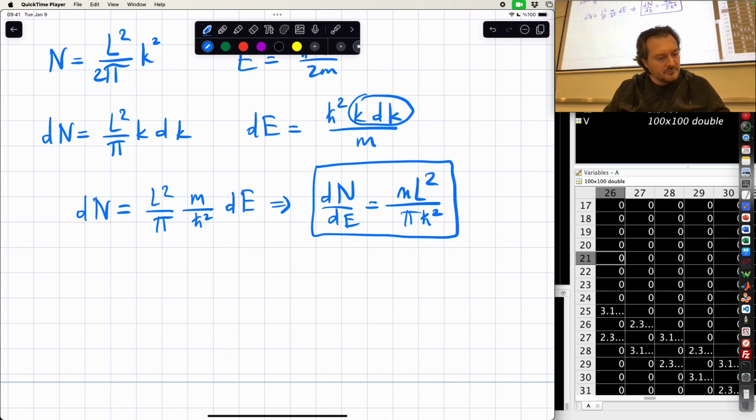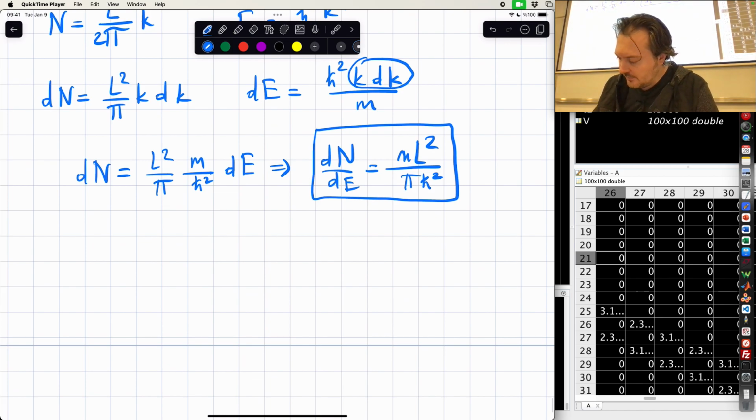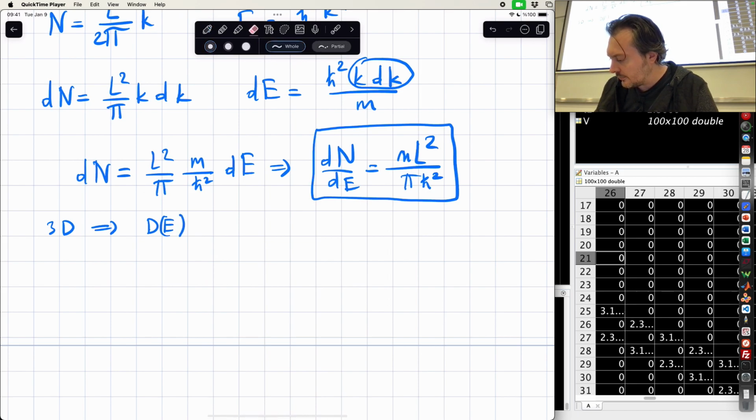Finally, you can find the density of states for 1D, which is, I will just write the conclusion here. For 3D, density of states is proportional to square root of E. For 2D, density of states is constant.